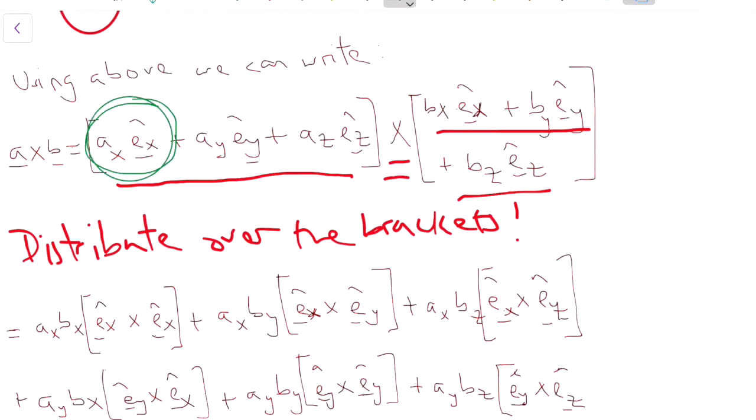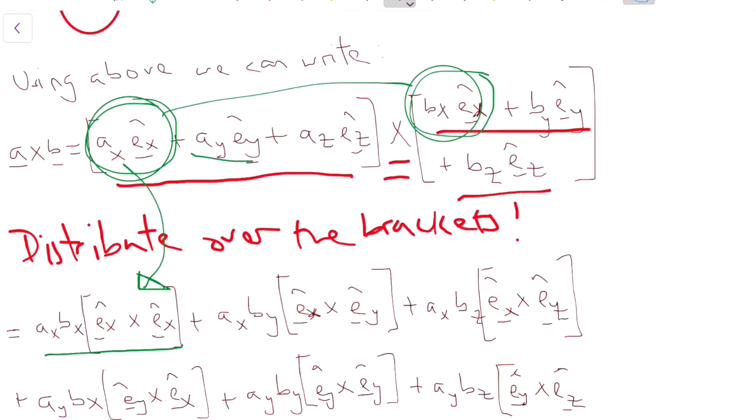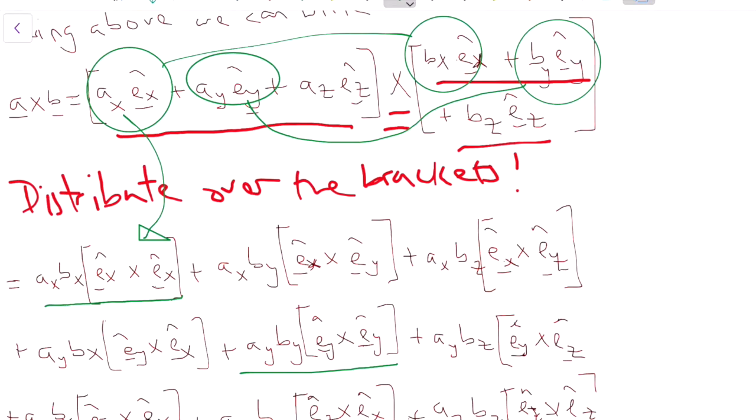So ax ex crossed with bx ex, you obtain this term right here, which is ax bx ex crossed with ex. The second term, ay ey crossed with by ey, you get this term, ay by ey crossed ey. And if you distribute all the terms over the brackets, you will end up with this massive formula.